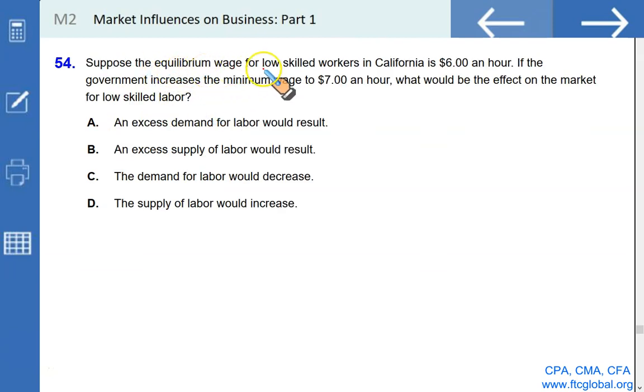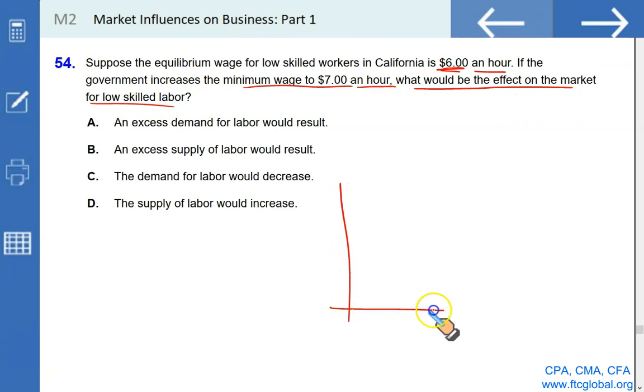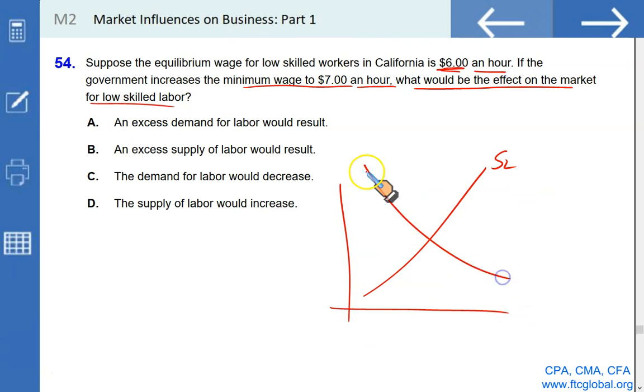Suppose the equilibrium wage of low-skilled workers in California is $6 an hour. If the government increases the minimum wage to $7 an hour, what would be the effect on the market for low-skilled labor? So this can be done. Supply of labor. This is going to be the demand for labor, right?